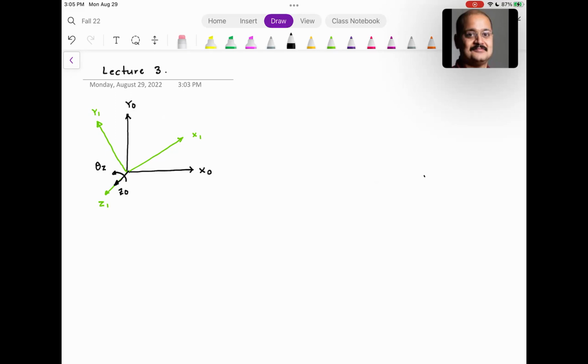And I want to relate the coordinate system x naught, y naught, z naught with the coordinate system x1, y1, z1. Please understand, x naught, y naught, z naught is the 0th frame, and x1, y1, z1 is the first frame.